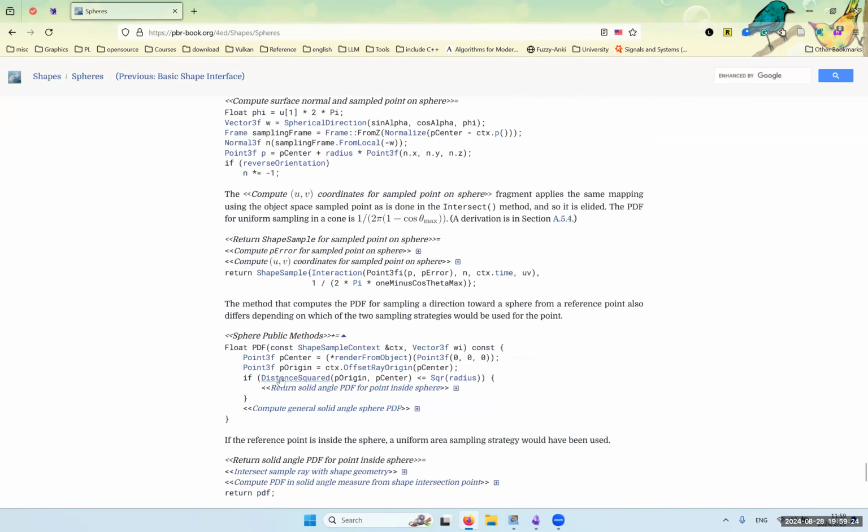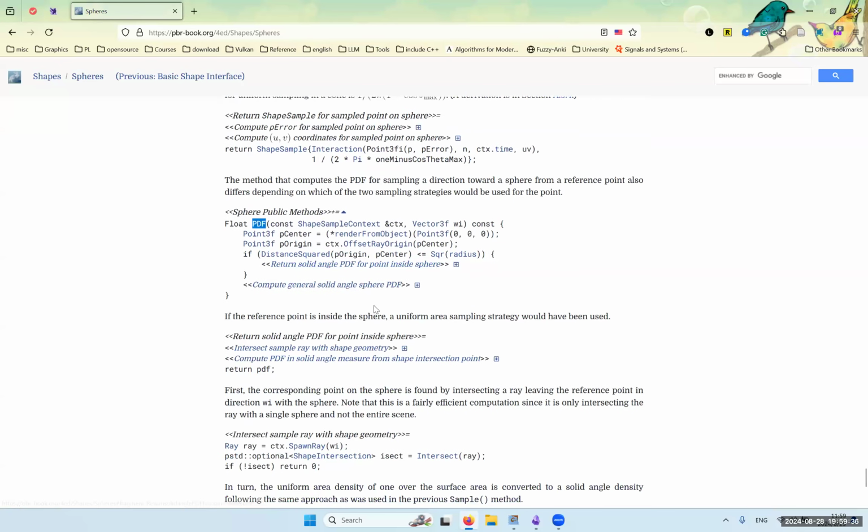Yeah, the PDF also differs based on whether we are inside or outside. If it's inside, then a uniform area sampling strategy is used.